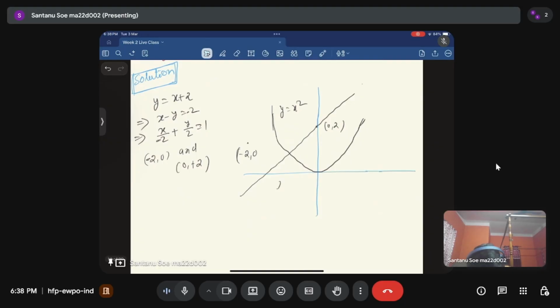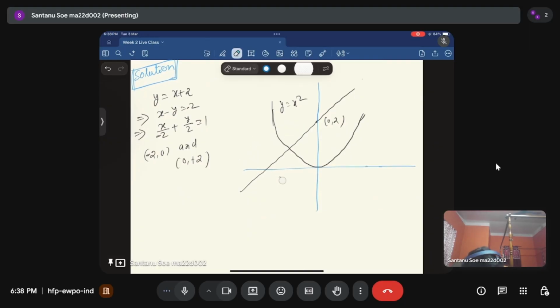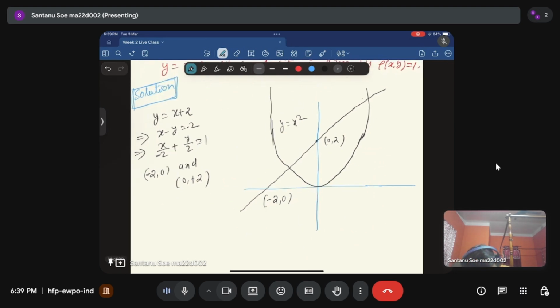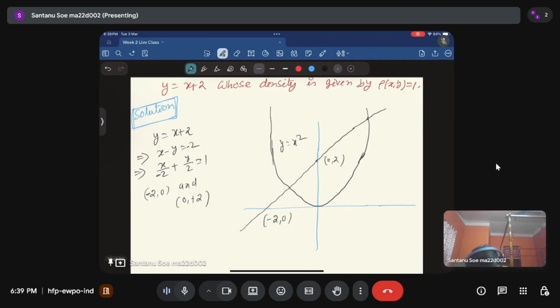Okay, so this is minus 2 comma 0. Okay, and this point is going to be, since this line is y equals x plus 2, at x equals 2 it will be 4, so this will be 2 comma 4.